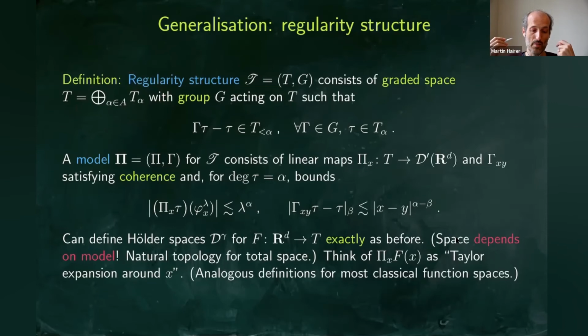But I can ask myself still, these pi x f of x's, they are actual distributions. And I can ask myself, does this guarantee that there exists one actual distribution on my R^d, say, which has the property that in the neighborhood of every point x, it is very close to this candidate, this pi x f of x?